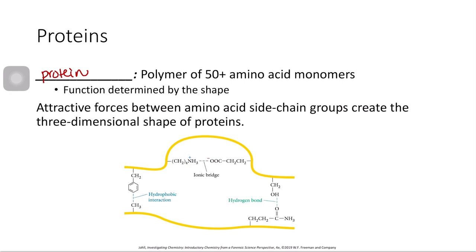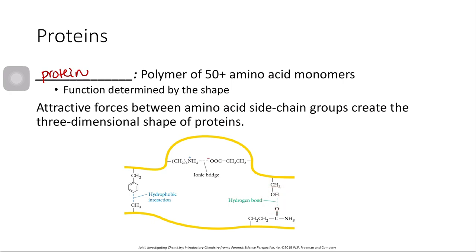And the shape of the protein is going to be dictated by the attractive forces between the amino acid side chains. So here is an example of two amino acid side chains, and this is called an ionic bridge. We can also have a hydrophobic interaction, meaning between two nonpolar molecules, or we can have a hydrogen bond.